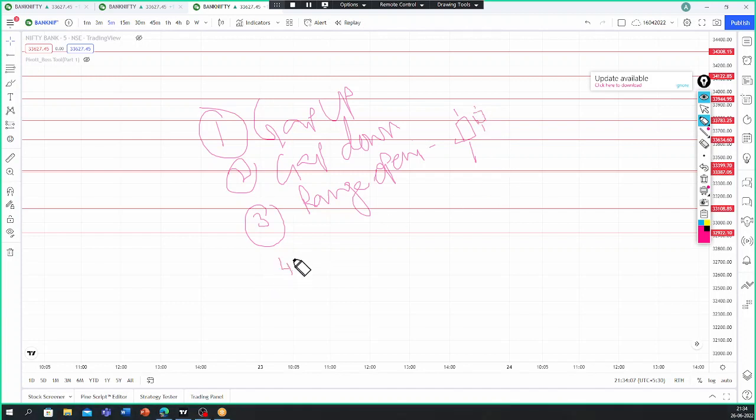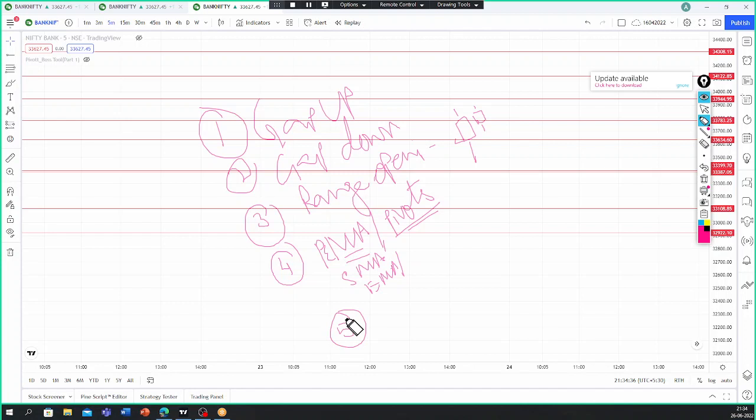Then we'll cover moving average with pivots, why and how moving average helps you along with pivots and what area it helps you. You may use EMA, simple SMA, or simple EMA. There is no hard and fast rule.